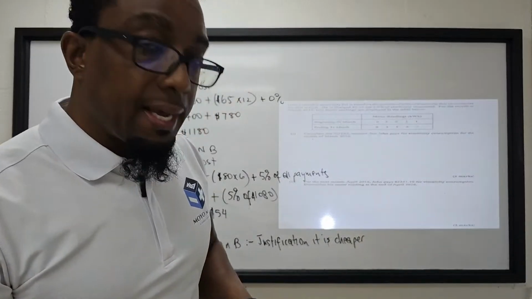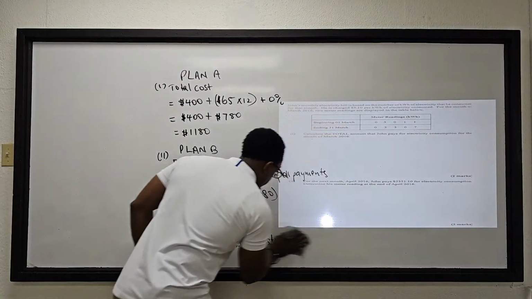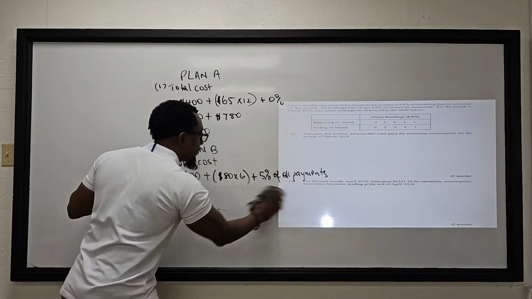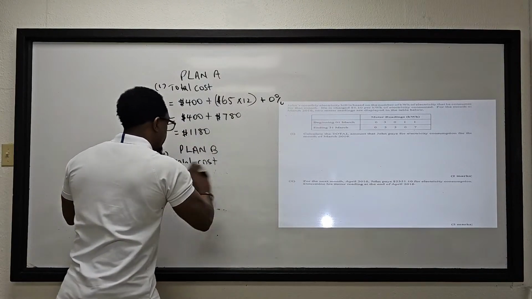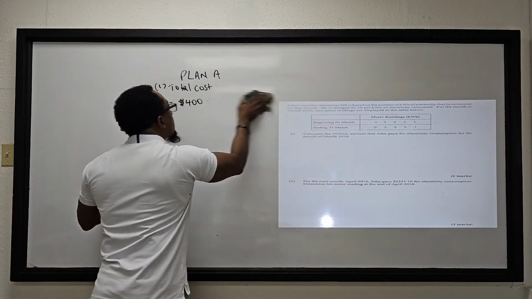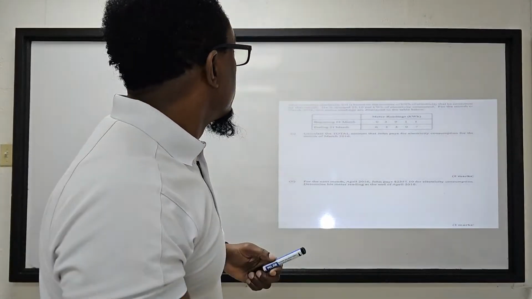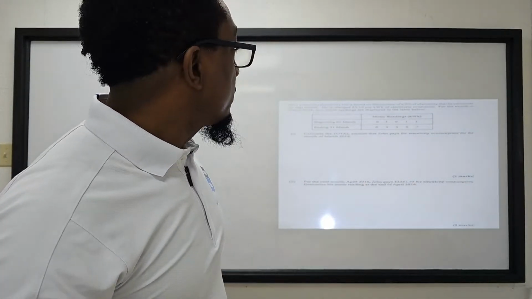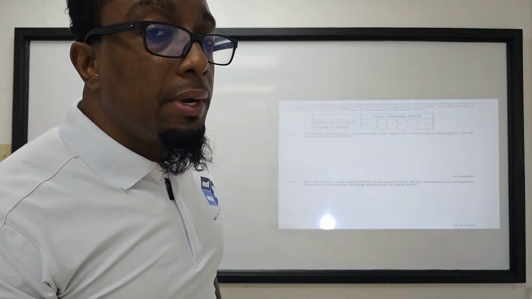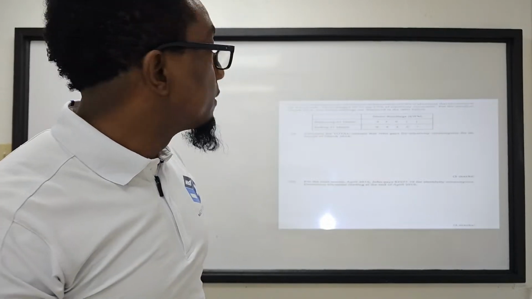This question we'll be looking at electricity. John's monthly electricity bill is based on the number of kilowatt hours of electricity that he consumes for that month.